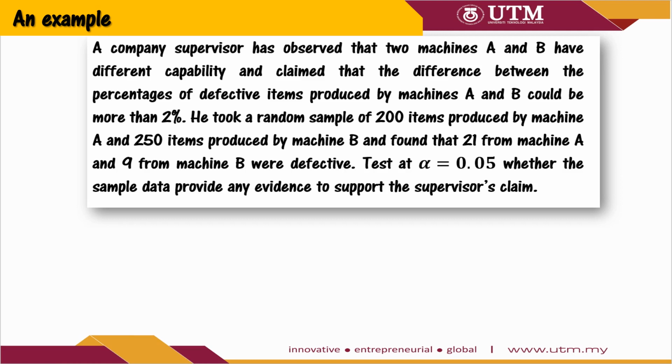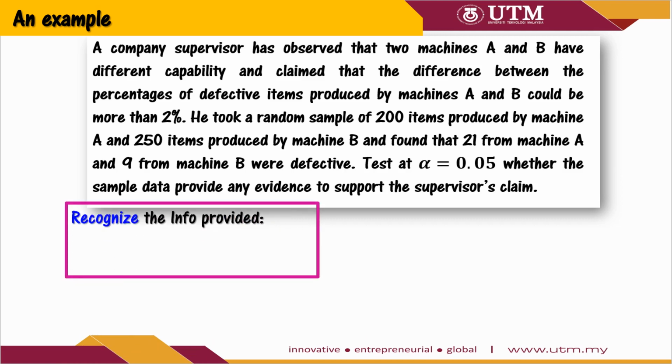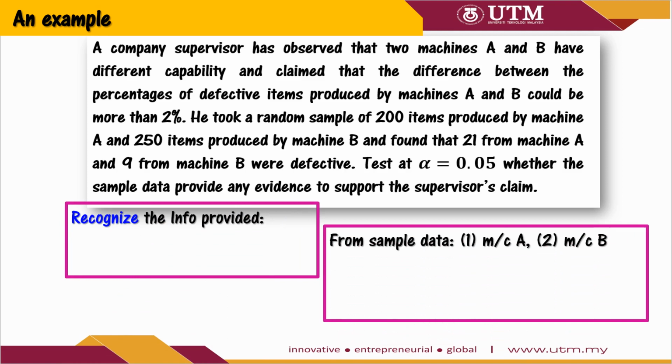From the question, we can recognize the following information. Suppose 1 denotes information from machine A and 2 from machine B. From machine A, we have a sample of size 200 and the number of defective items produced is 21.